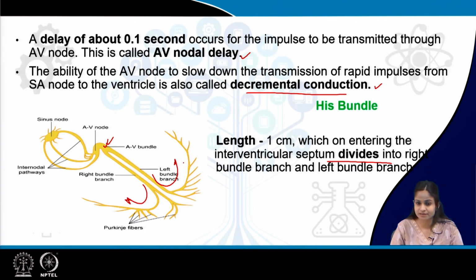Now, the right bundle branch is longer and thinner because the thickness of the right ventricle is comparatively less than the left ventricle. Whereas the left bundle branch usually gives rise to two branches.